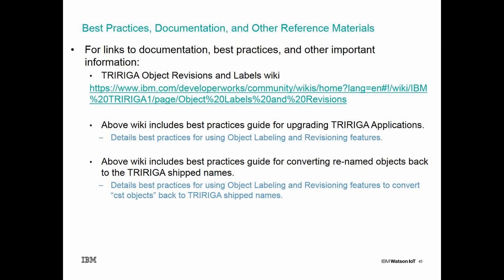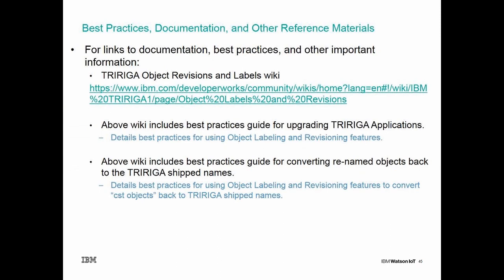And this slide shows you where you could find the best practices documentation and other reference materials. There's a link to that wiki I mentioned earlier in the presentation. Also note that this wiki includes a best practices guide for upgrading TRIRIGA applications. This details the best practices for using object labeling and revisioning features.